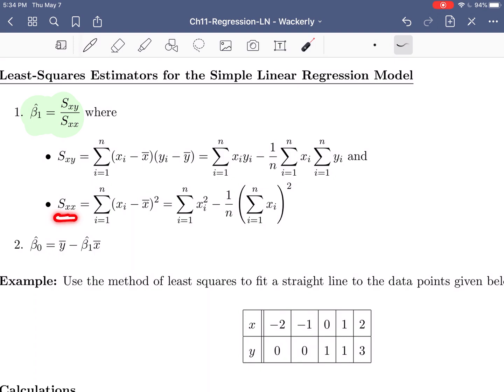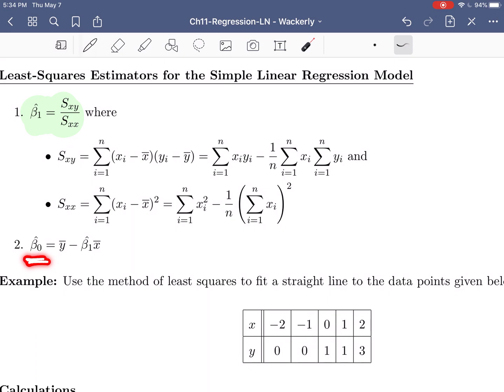S sub xx is very similar, only everywhere we saw a y, we replace it with an x sub i. So this becomes the sum of x sub i squared, minus the sum of x sub i times another sum of x sub i divided by n, which is why this is squared right here. Then we take S sub xy and divide it by S sub xx, and that will give us beta 1 hat.